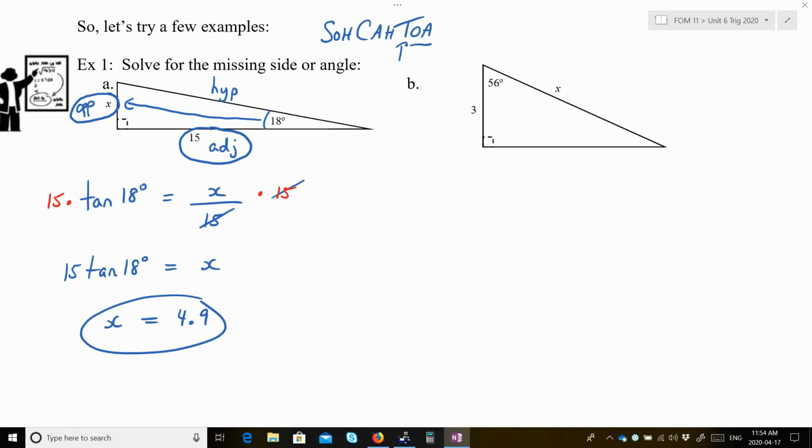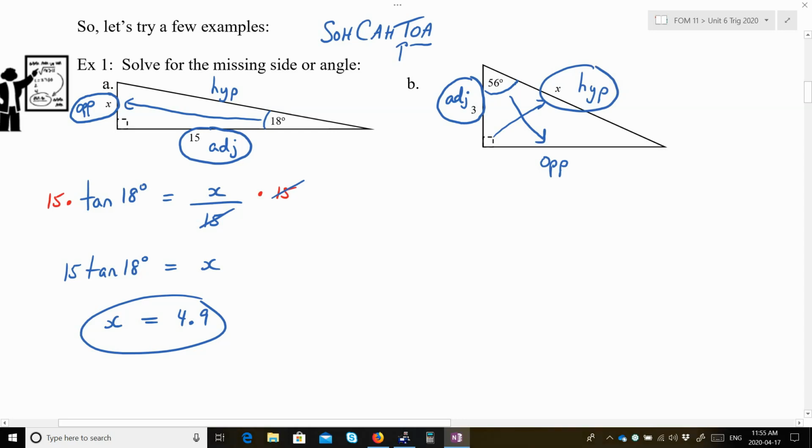Okay, let's check out b. This is our angle in question. Right across from the angle is the opposite side. Across from the 90 is the hypotenuse, leaving this side, which is beside the angle, fancy word for beside is adjacent. Okay, and so then circle that we have the adjacent side, and we're looking for x, the hypotenuse.